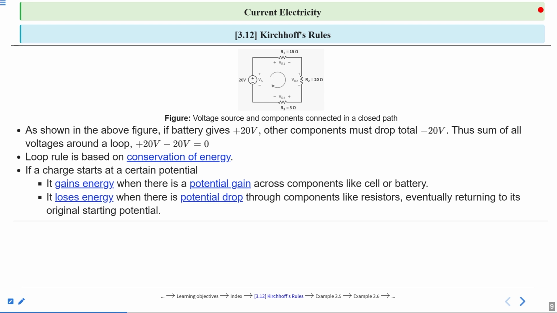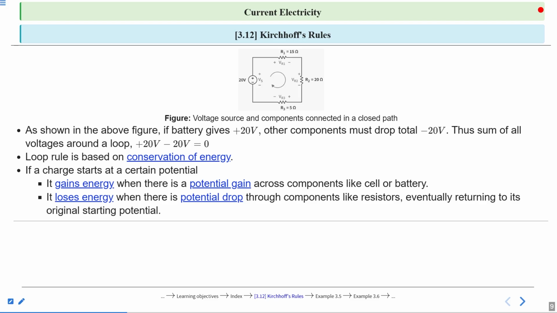How? If a charge starts at a certain potential, like in the diagram where we start from the battery, at what potential does the charge start? At plus 20 volt. If some charge is moving in the circuit, current is due to the movement of charges.